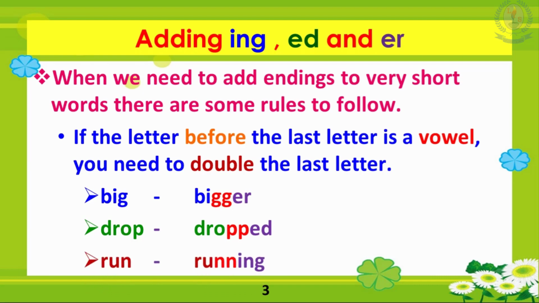Next one, run. Can you see there is a vowel before N? Then you have to double N and add ing. Running. Big, bigger. Drop, dropped. Run, running. Don't forget to double the last letter when there is a vowel before the last letter. Okay?